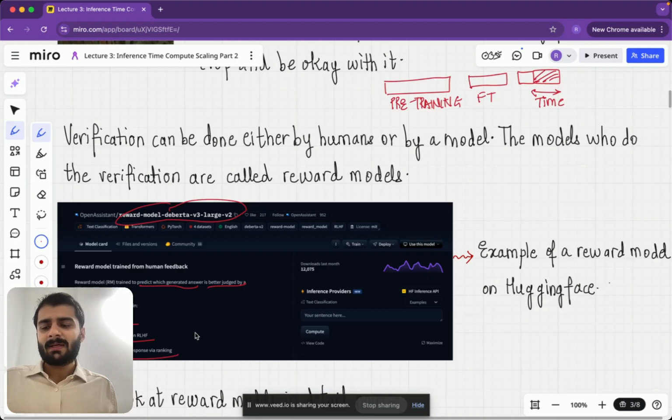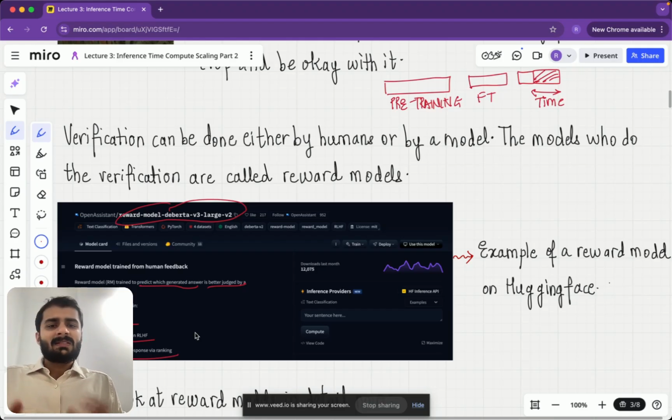So the training data that this model has been trained on was generated by humans itself. And then that data is being used to train the model. So we are essentially mimicking the ability of humans to verify answers by replacing humans with a model.